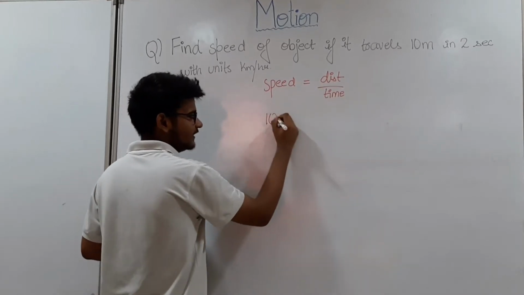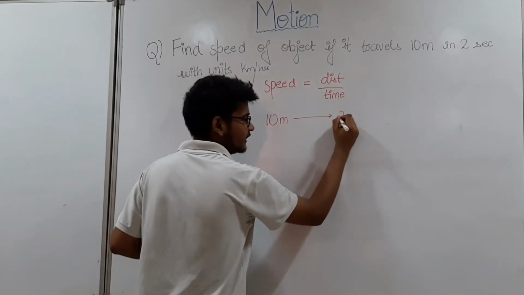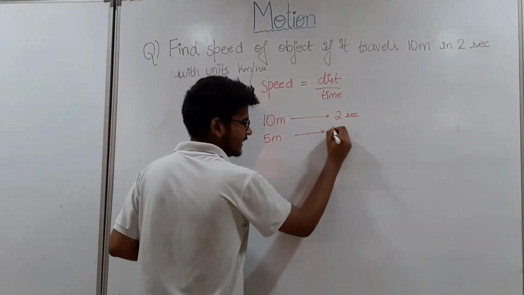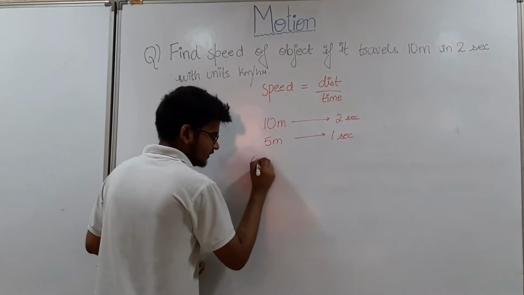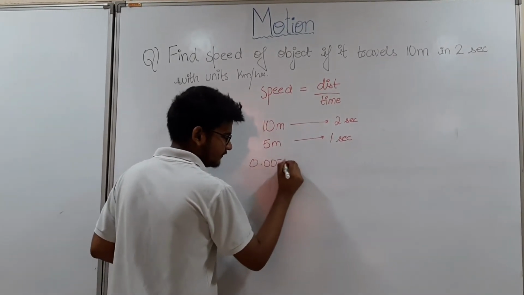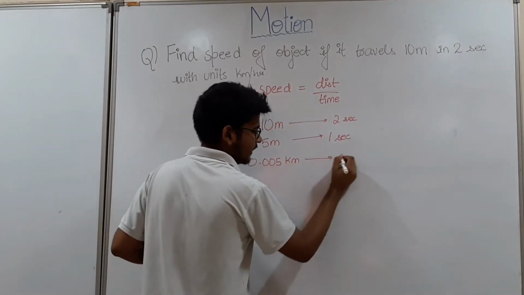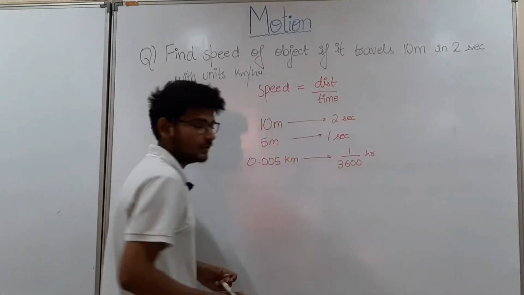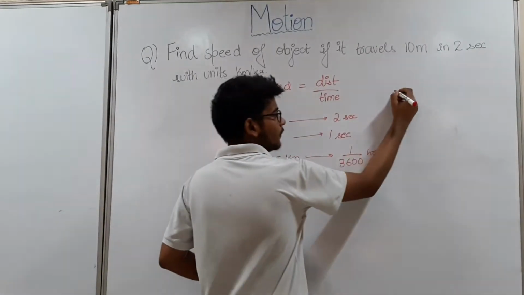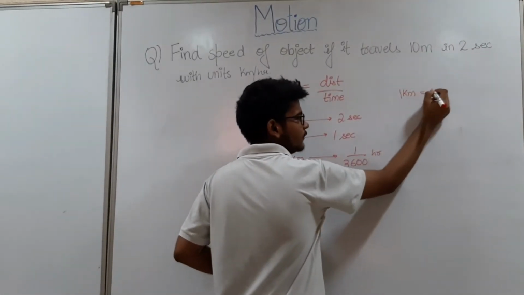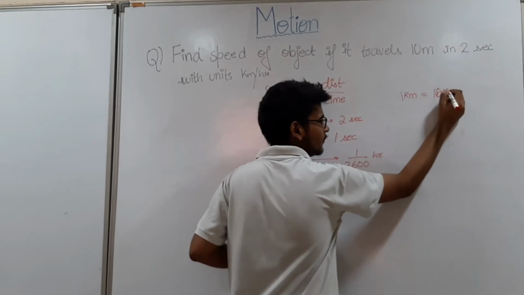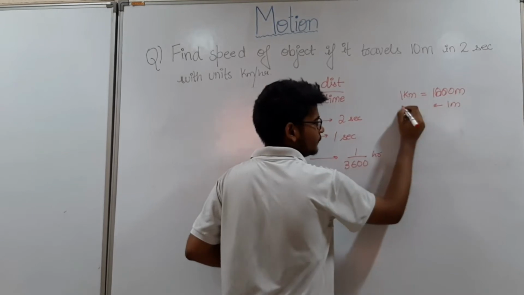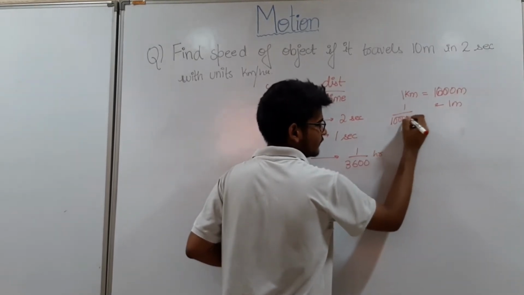So it is given that 10 meter is travelled in 2 seconds, that is 5 meter in 1 second, that is 0.005 kilometer in 1 upon 3600 hours. Since we know that 1 kilometer is equal to 1000 meters, so 1 meter will be equal to 1 upon 1000 kilometers.